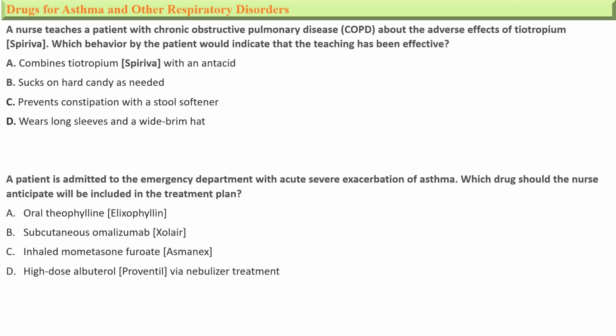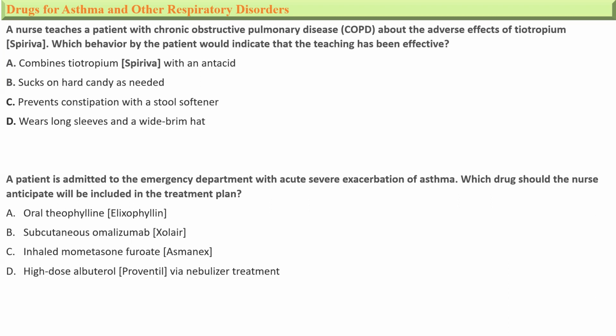Second question, it's about the short-acting SABA drug, albuterol. A patient with acute severe exacerbation of asthma.